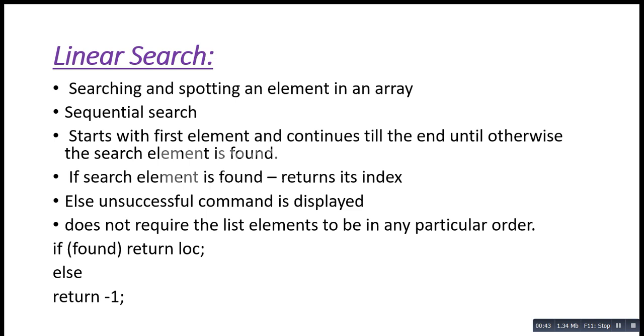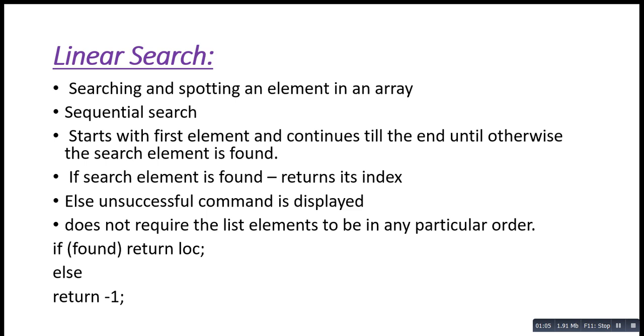It has another name, sometimes called sequential search, because here searching starts at the first element in the array and continues until either the item is found in the list or the entire list is searched. So it compares the particular number with all the elements in the list.